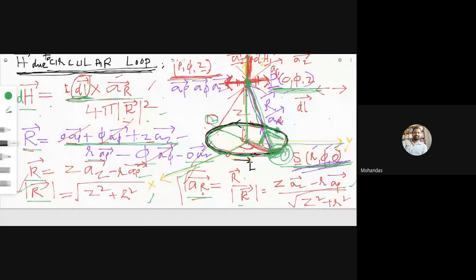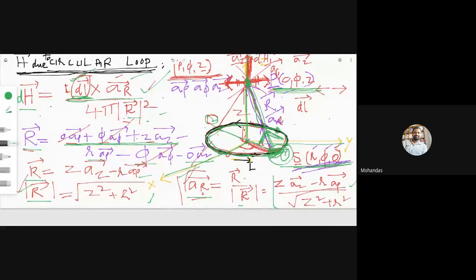So once you know all of this, at least one student should respond. You know dl, you know the distance vector, you know aR. Substitute all these values here. This is the distance vector R, this is the unit vector aR. Substitute the unit vector in this place and substitute dl as r d phi a phi.